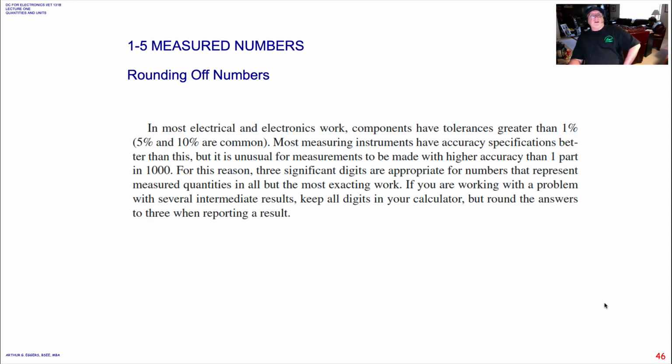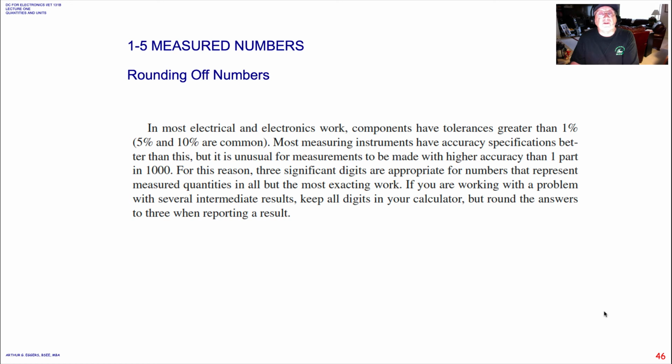So in most electrical and electronics work, components have tolerances greater than 1%. 5% or 10% is actually common, and we'll see this especially in resistors. Most measuring instruments have accuracy specifications better than this, but it's unusual for measurements to be made with higher accuracy than 1 part in 1,000.